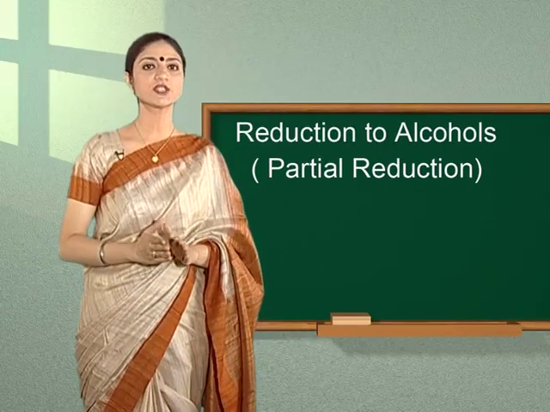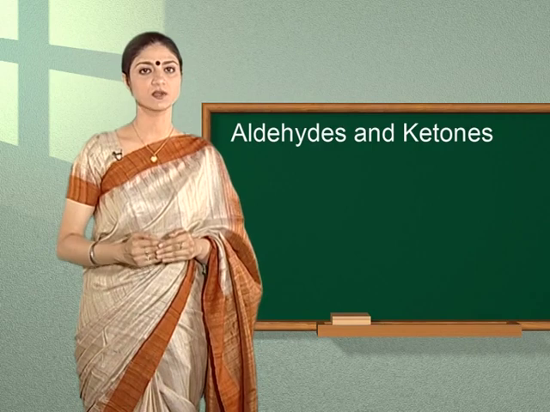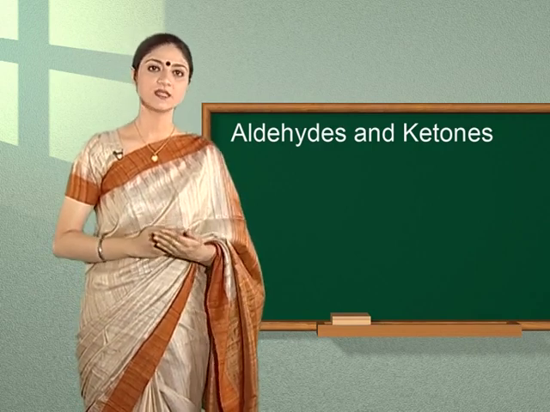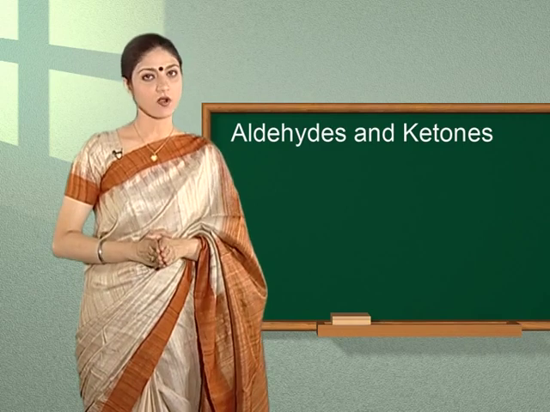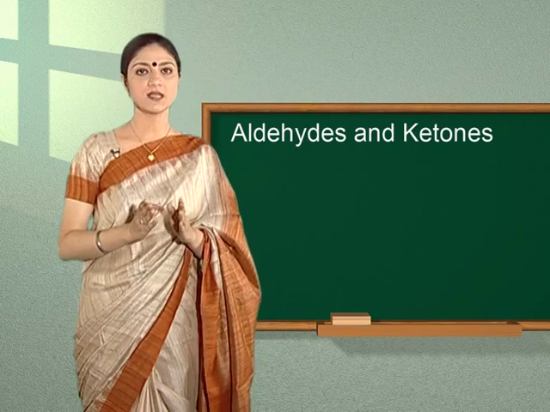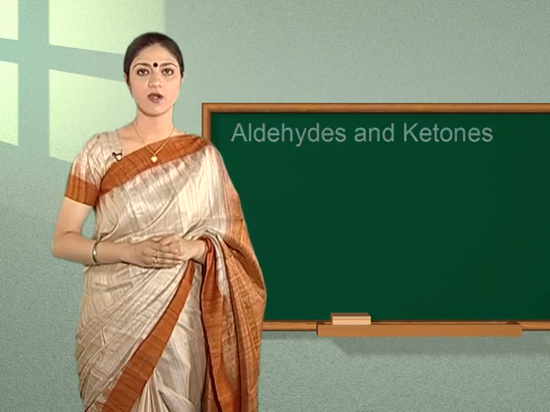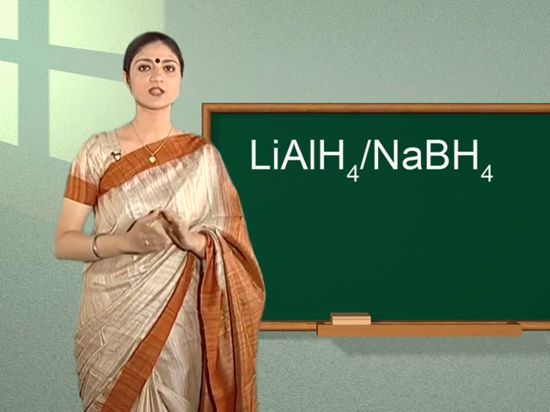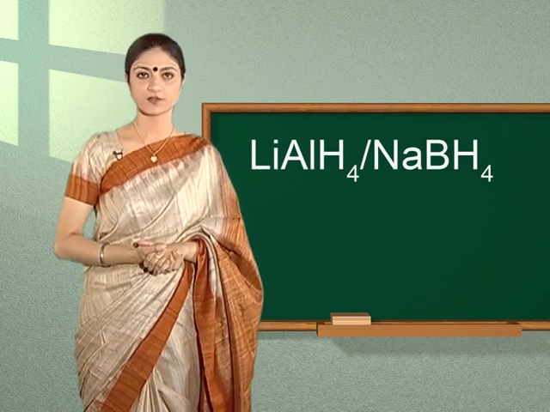Catalytic hydrogenation of aldehydes and ketones is carried out in the presence of nickel, platinum or palladium, or chemically by complex metal hydrides such as lithium aluminum hydride or LiAlH4 and sodium borohydride or NaBH4.